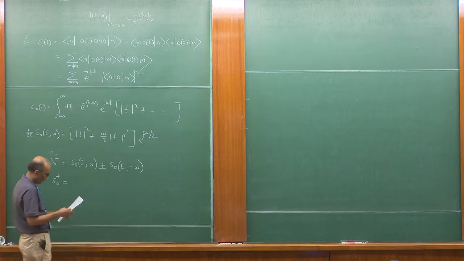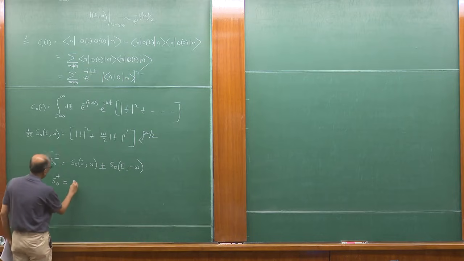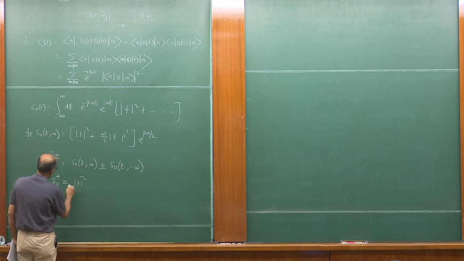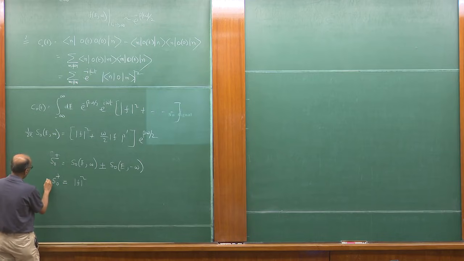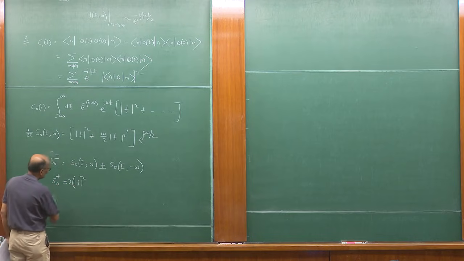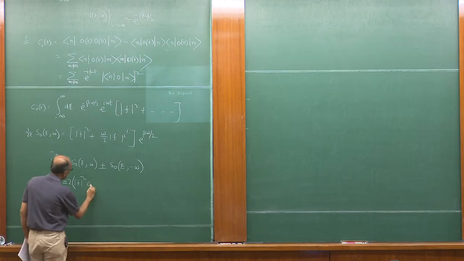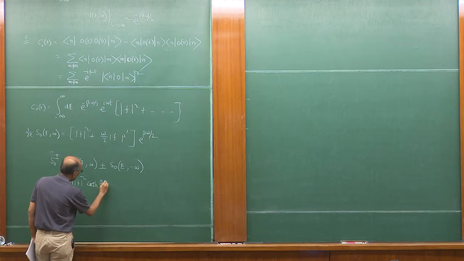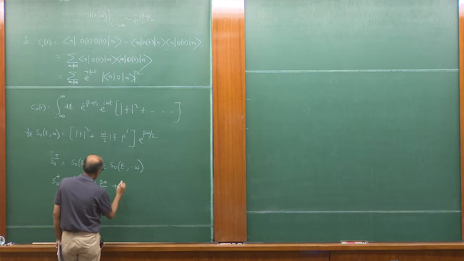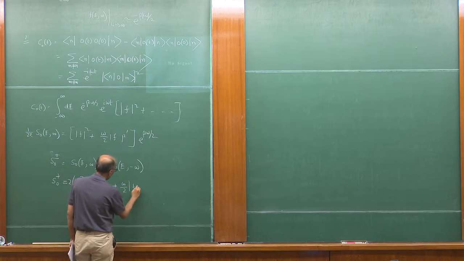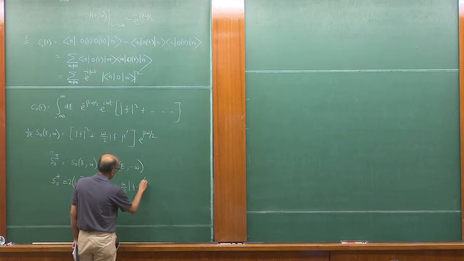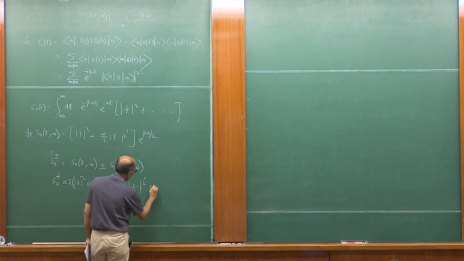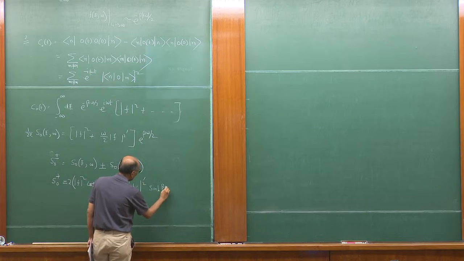So what you are going to find is that this is 2 times mod f square cosine of beta omega by 2 plus omega by 2 mod f square prime sinh of beta omega by 2.